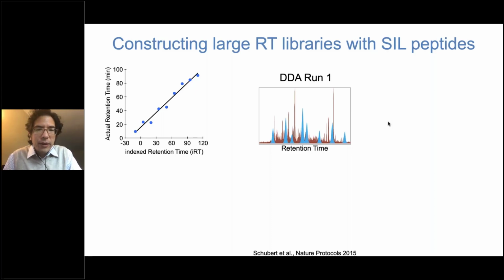So the way in which these strategies work is they spike in these specific peptides, in this case in blue, look for them specifically, and then take all of the peptides that they've identified in that DDA run that you don't necessarily know an index retention time for, and then map them on that line based on their actual retention time in this one sample.